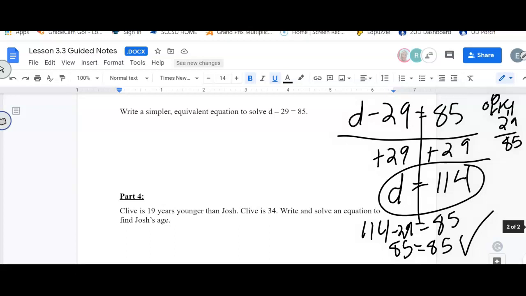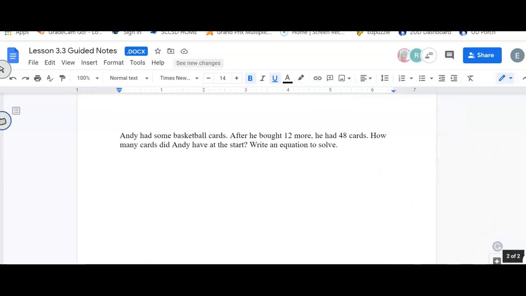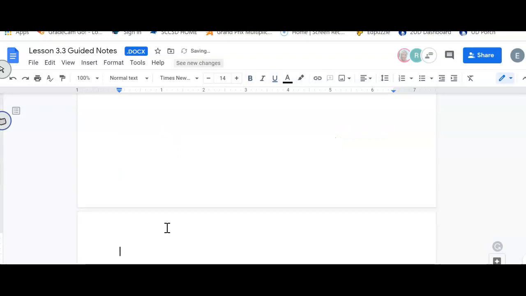All right, how about we do two problems that are larger than this? Let's solve C minus 28 equals 942.